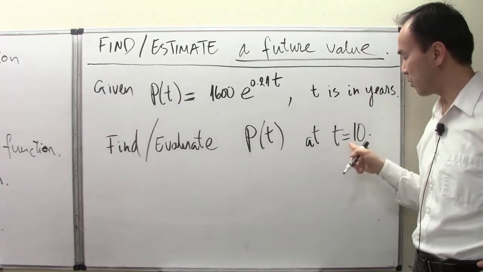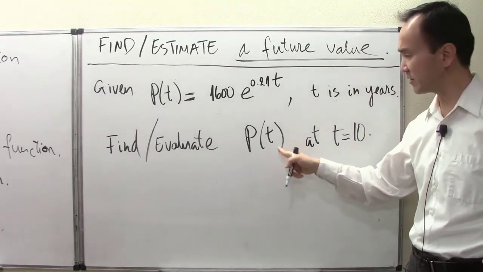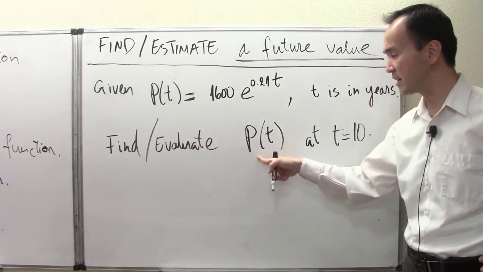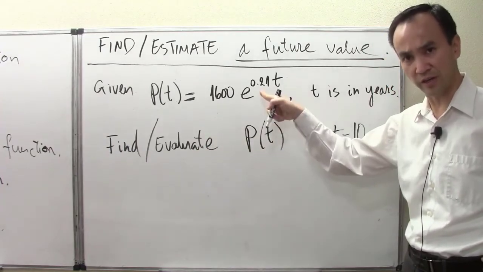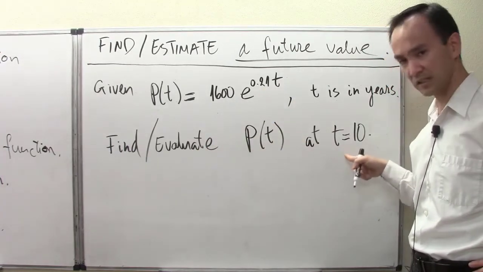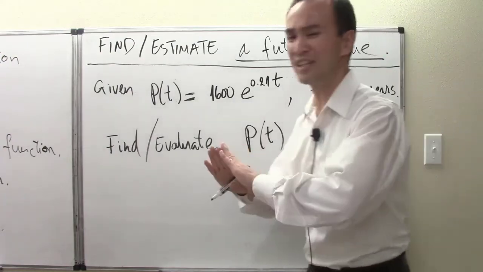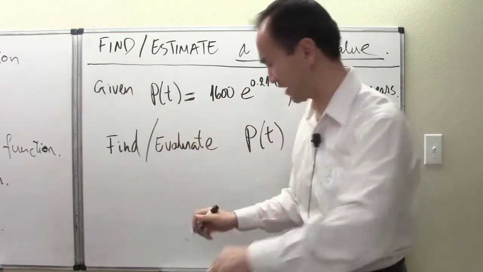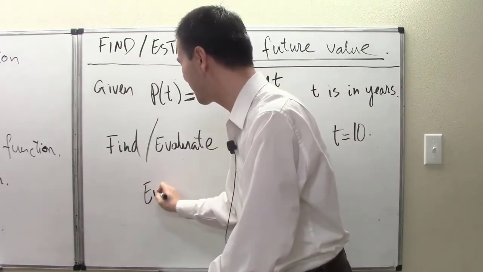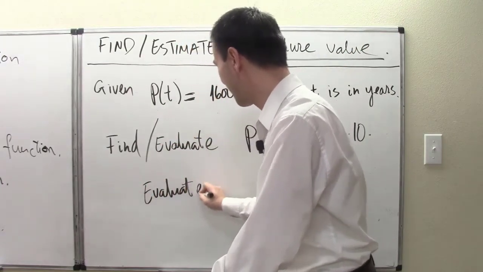And so now we want to find the size of the population, so that just simply means evaluate the function value, the function's value at the given variable's input right here, t equals 10. Or in other words, long story short, we just want to evaluate P of 10.